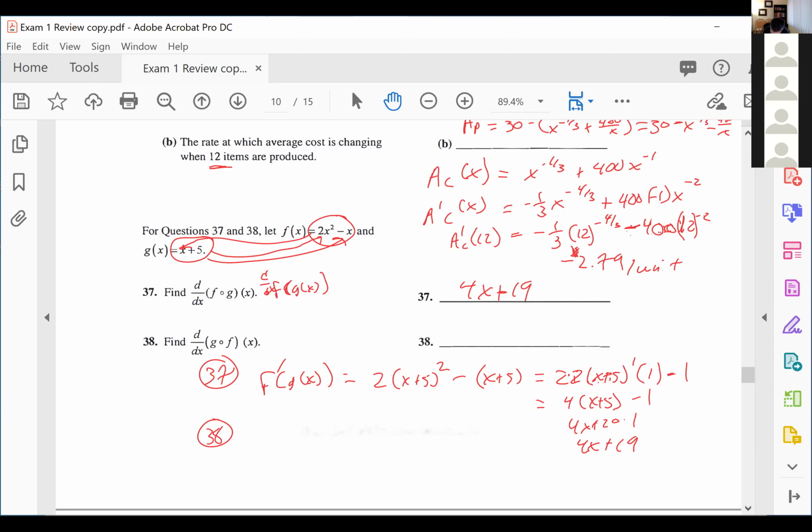So that's just going to be 2x squared minus x plus 5. Take the derivative of this one, well, this is just 4x minus 1. And so that's it. Yeah, 4x minus 1. So that's that derivative.